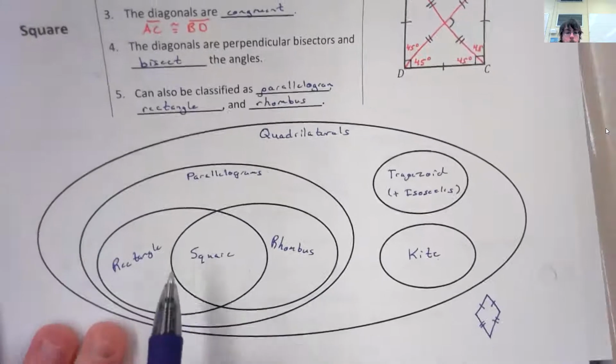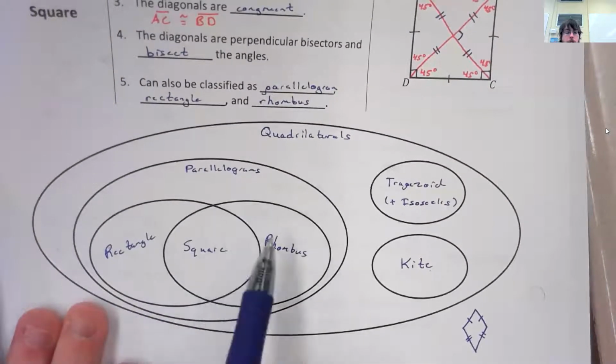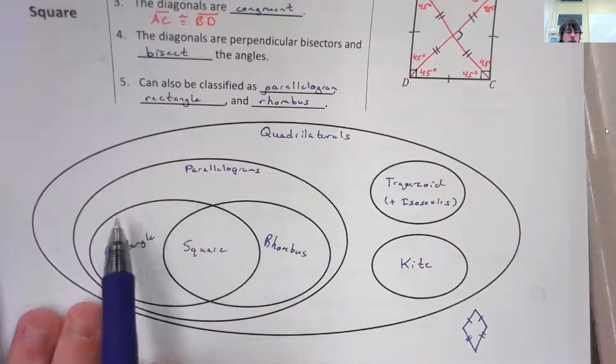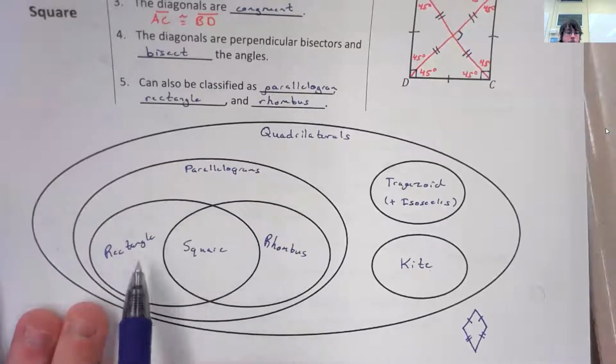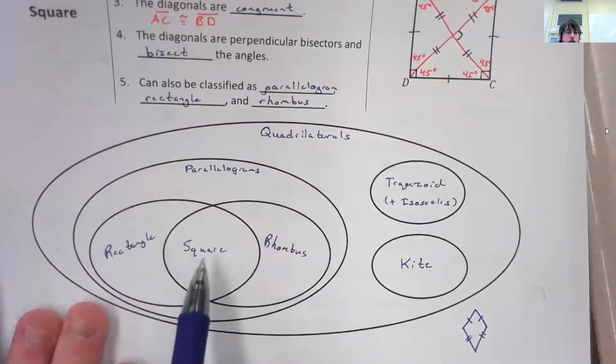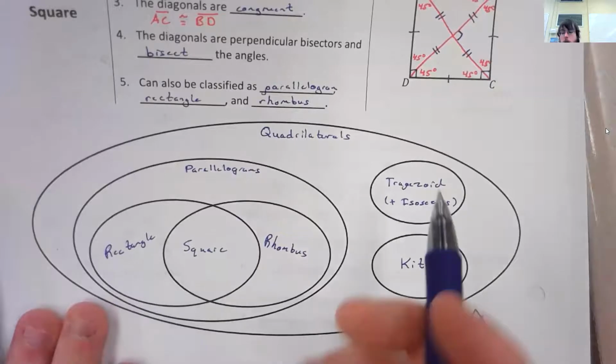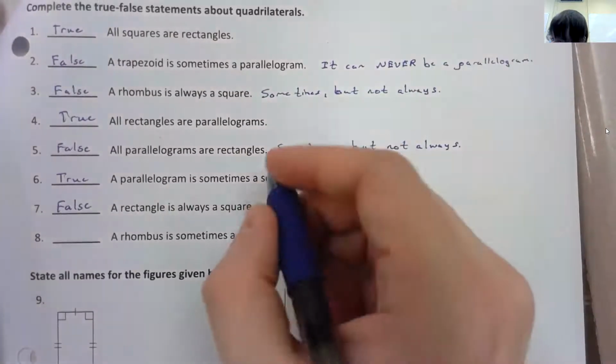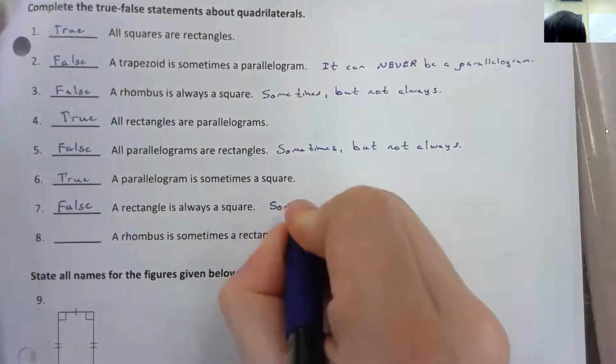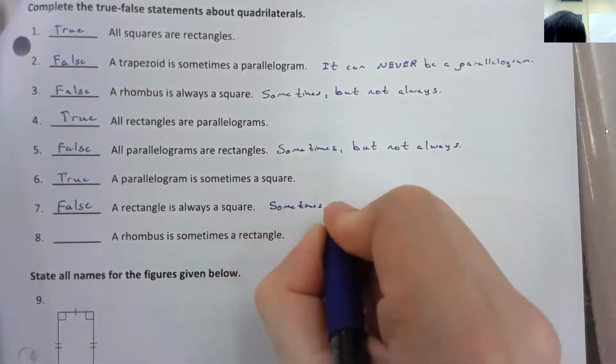And if you look at your Venn diagram, a rectangle being a square, it's the same situation as the rhombus. The rectangle has some open space that's not taken up by the square, so that means some rectangles are not squares. So it's sometimes, not always.